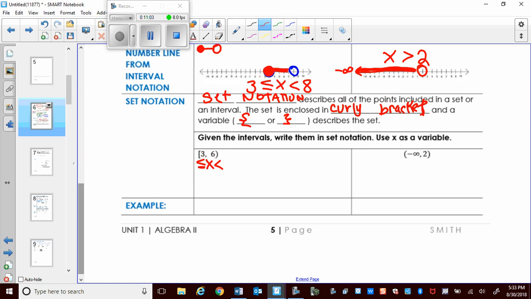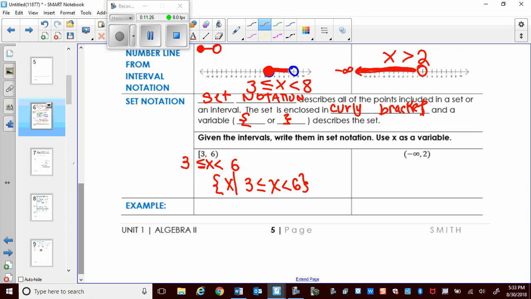Is it equal to on the right? On the left it is. So that means 3 is less than or equal to x, and x is less than 6. So set notation says I create my curly brackets, and I'm talking about x values, so x bar, and then 3 less than or equal to x less than 6.